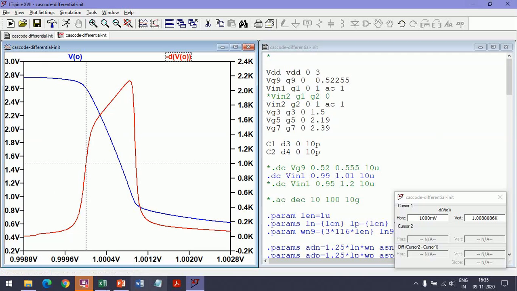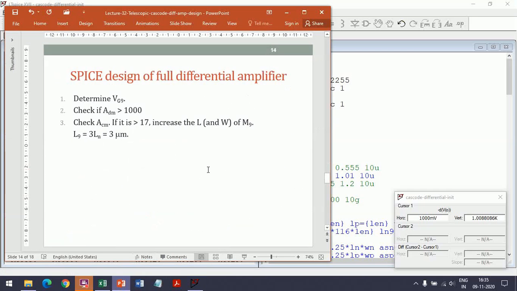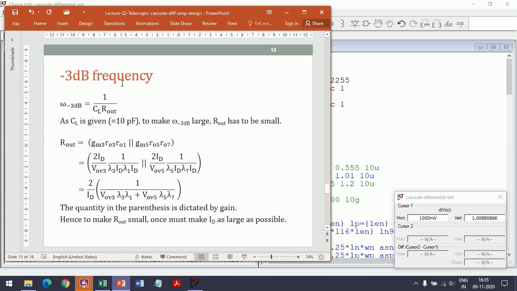Now let us think about the 3 dB frequency. So this is designed. L9 is 3 micrometer, and now let us think about the minus 3 dB frequency. The assignment said to maximize the minus 3 dB frequency, and the expression for the minus 3 dB frequency was given as 1 over CL Rout. CL was given as 10 picofarad. So to make omega minus 3 dB as high as possible, we have to make Rout as small as possible.